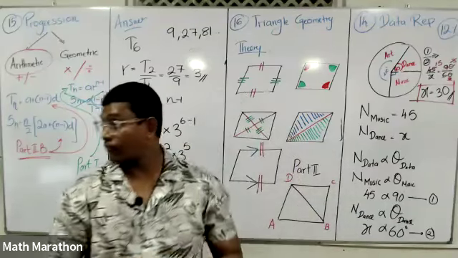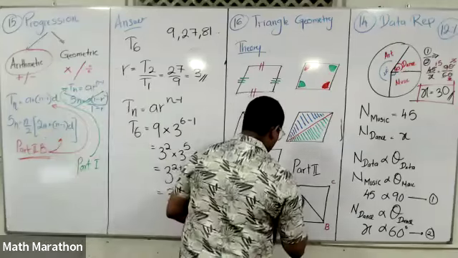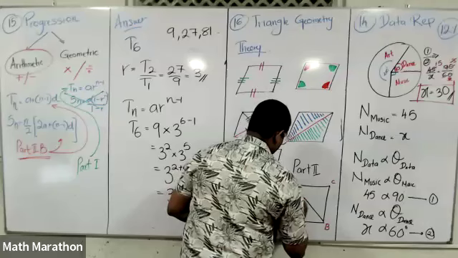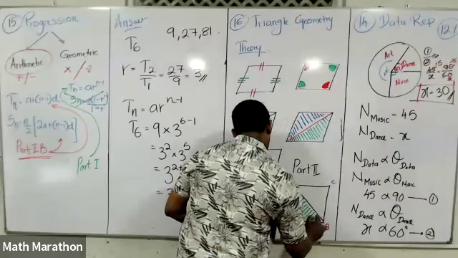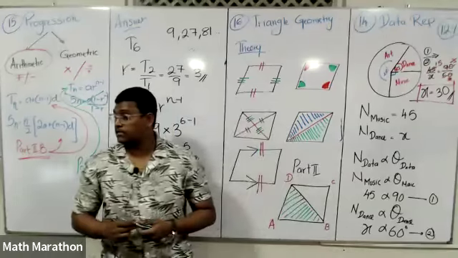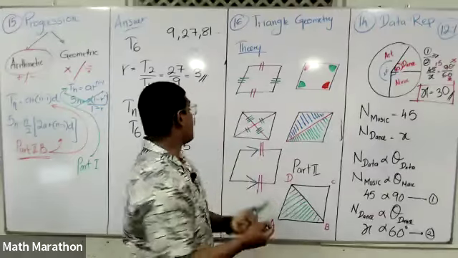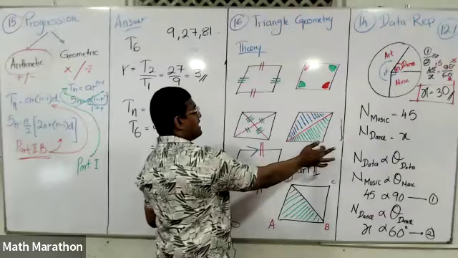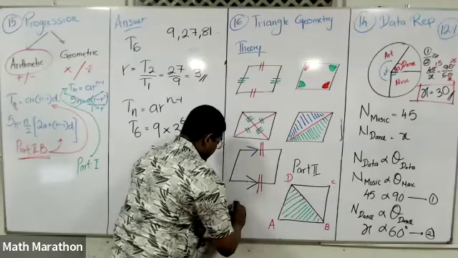Area of ABD. This is the area. Area of ABD equals half the area of parallelogram ABCD. Yes. Why? The diagonal bisects the area. So the first one is correct.